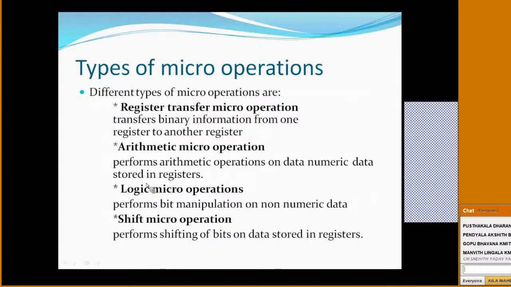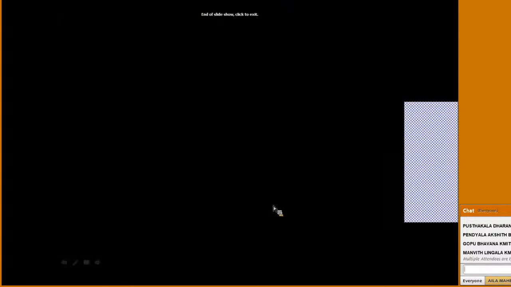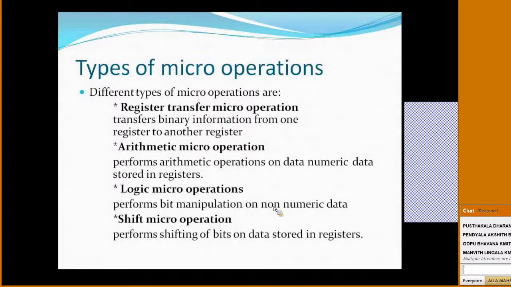Logic micro operations perform bit manipulations on non-numeric data present in the registers. And the last type is shift micro operation. Shift micro operation just performs shifting of data, that means the position of the data will be changed. Don't worry, we'll discuss all this in detail, right?